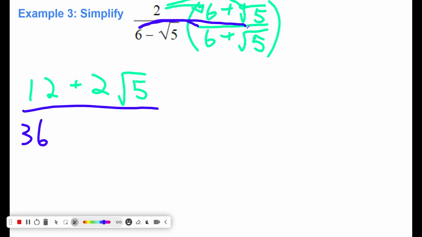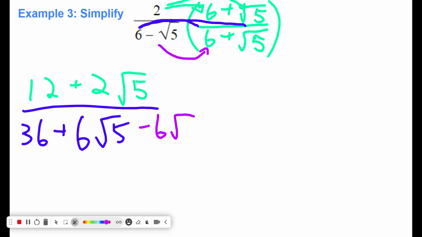And 6 times the square root of 5 is going to be plus 6 root 5. Negative square root of 5 times 6 is going to be minus 6 root 5. And the negative square root of 5 times the square root of 5 is simply going to be minus 5.